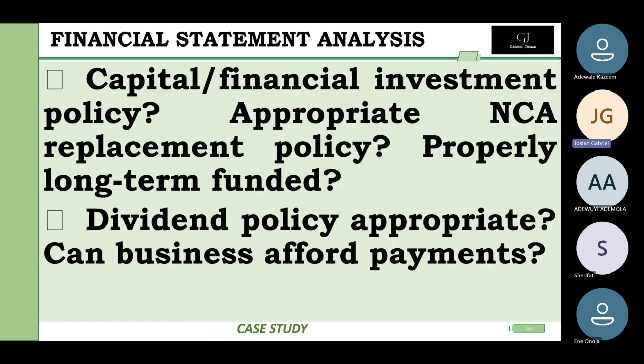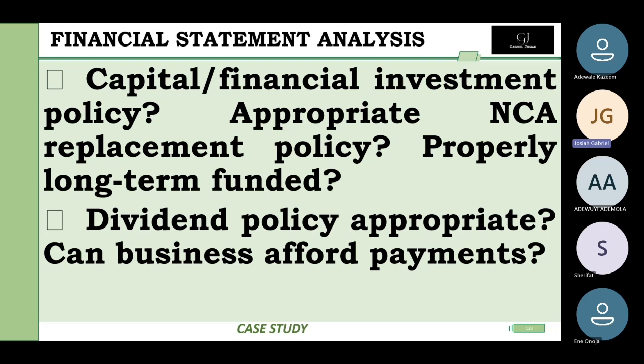Very important. So the capital and financial investment policy of the company, the appropriate non-current asset replacement policies, are they actually followed and implementable? The proper long-term funding of the business and also dividend policies, are they appropriate? Are they issuing dividends greater than retained earnings? Can the business afford the payments?